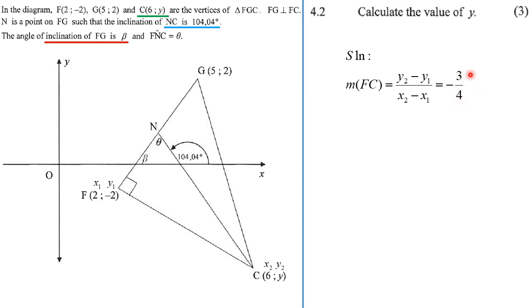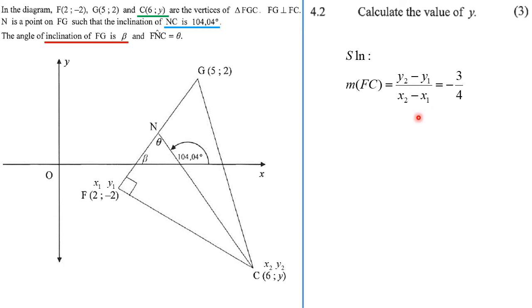It means the numerator must become the denominator and the denominator must become the numerator. So the numerator was 4, the denominator was 3. Now the numerator will be 3, the denominator will be 4. But remember, it must be with the opposite sign. So the gradient of FG was positive, then the gradient of FC must be negative, but it must be the reciprocal of the gradient of FG.